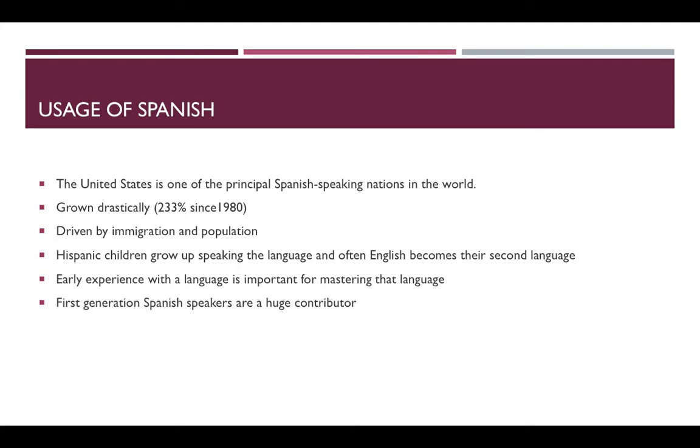It's popular among first generation speakers, along with people just wanting to know the language itself. Many Hispanic children grow up speaking the language, and often English becomes their second language. It is proven that early experience with the language is important to mastering the language. So, Spanish is much easier to learn than English.